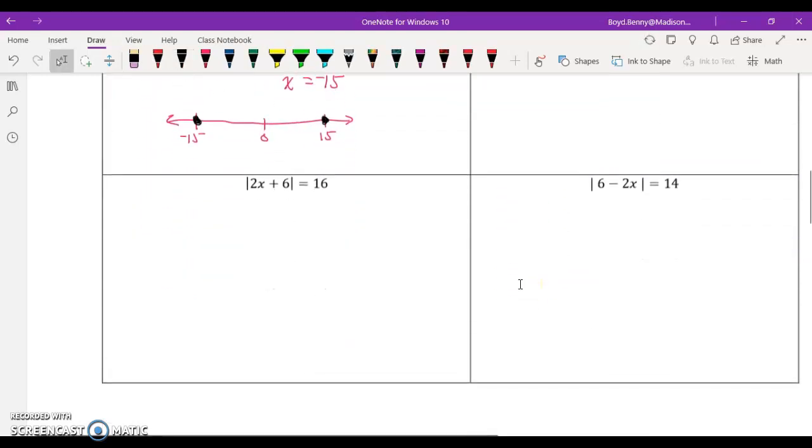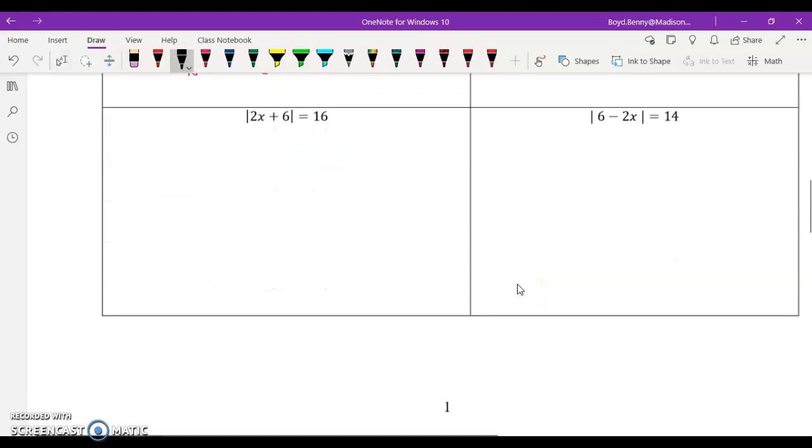All right, let's go on to the next worked example. So here again, I see that I don't have anything outside of the absolute value bars. So the absolute value expression is already isolated. So I'll go ahead and write my two equations with or between them. So the first one, 2x plus 6 equals 16, or the opposite of 2x plus 6 equals 16.